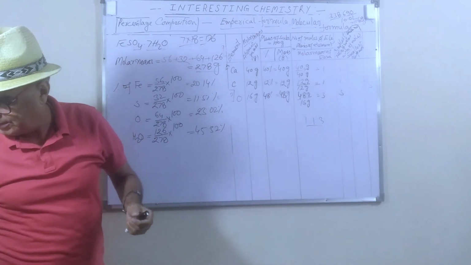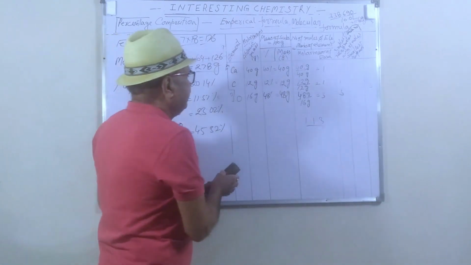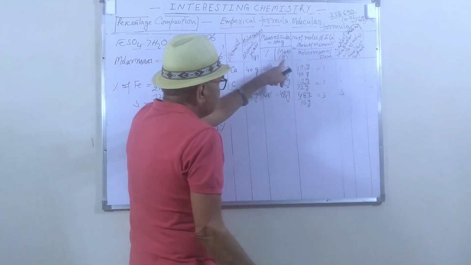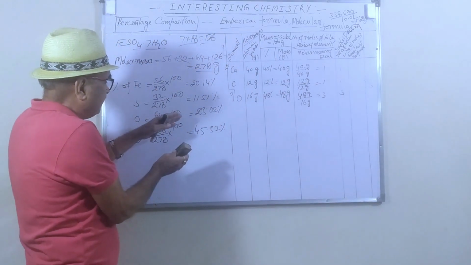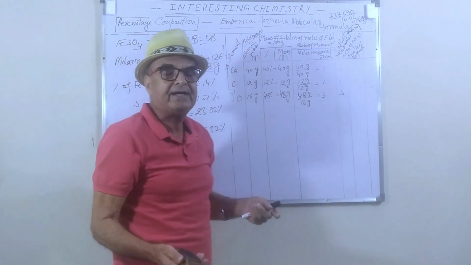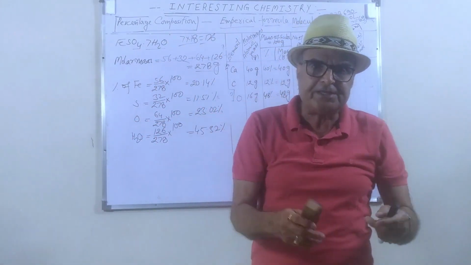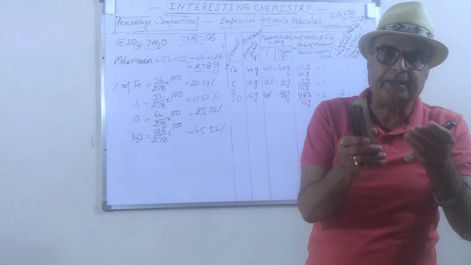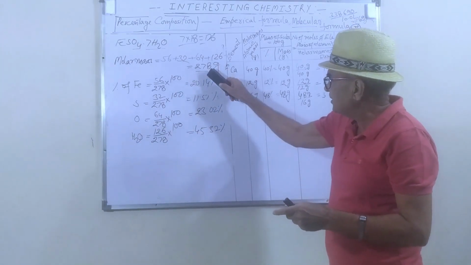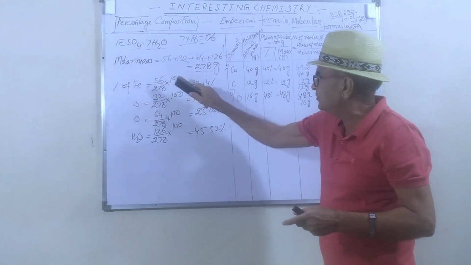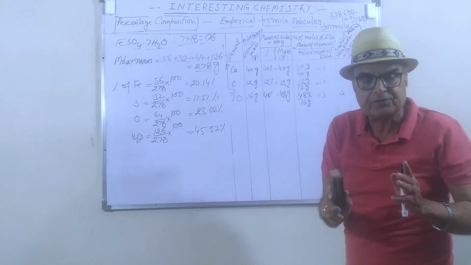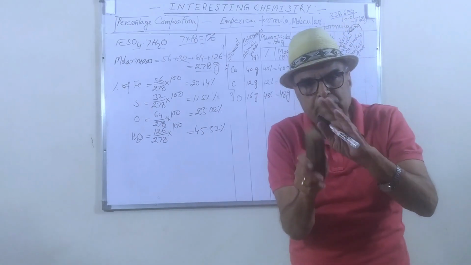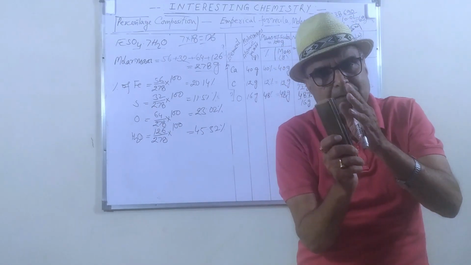Now I am going to explain this formula. If you are given, now the second question, that the percentage composition of a compound is such and such, find out the molecular formula of that compound.